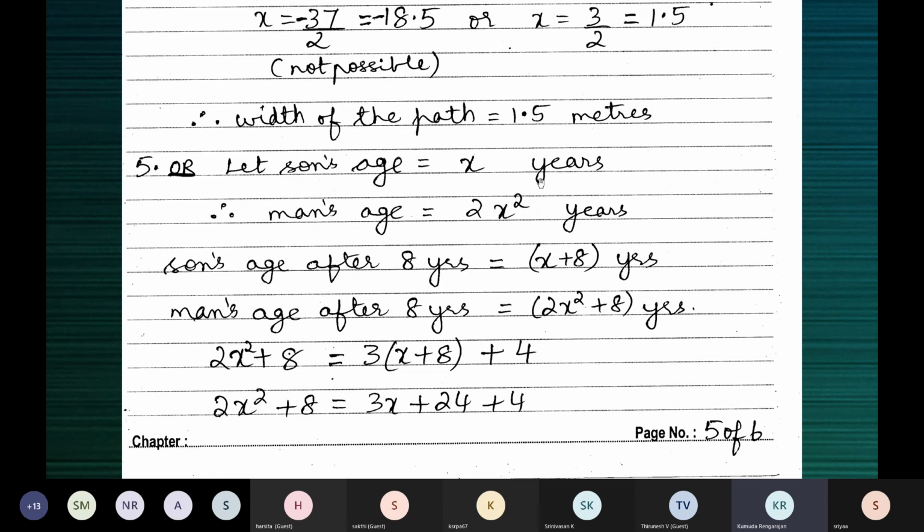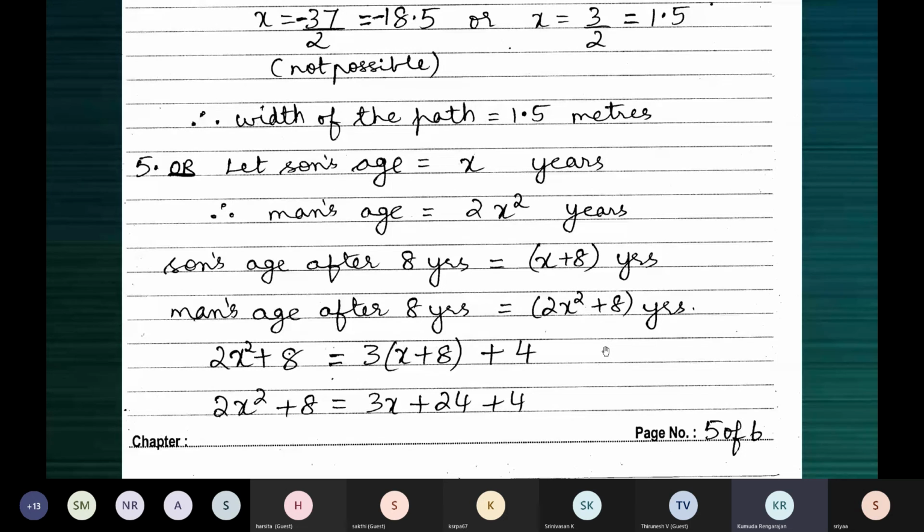Square of the son's age is X square, twice that, so into 2. So these are their present ages. After 8 years, X plus 8, 2x square plus 8. What is it given after 8 years? The man's age will be 4 more than 3 times the son's age. After 8 years, this is the man's age. These are their ages after 8 years.